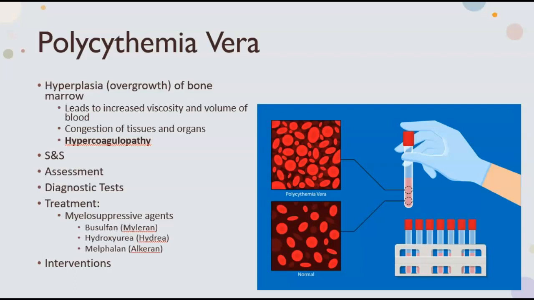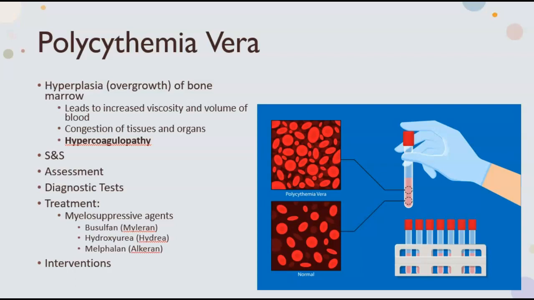The treatment of Polycythemia vera is the removal of the blood. So they will go and get some phlebotomy to remove around 500 to 2,000 mLs of blood, and that's going to be continually removed until the hematocrit is maintained at 45 to 48%.